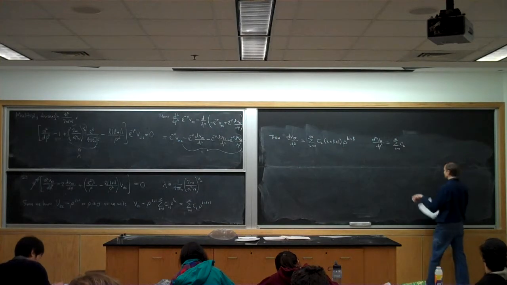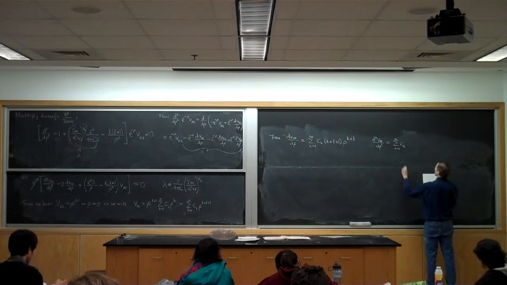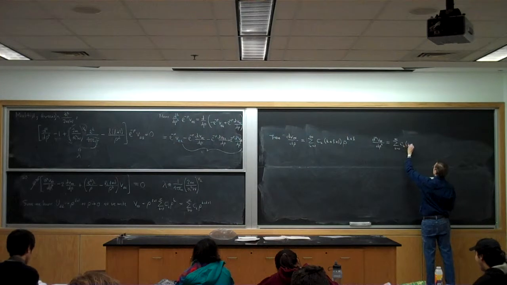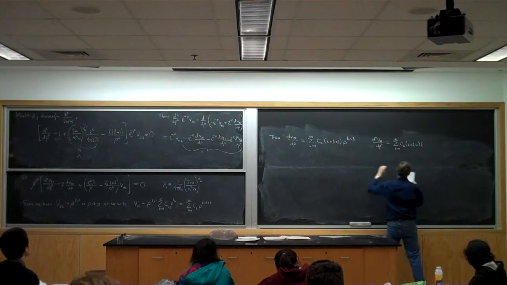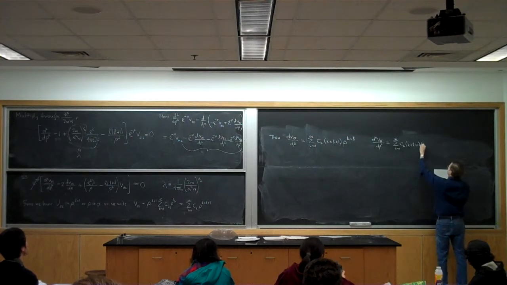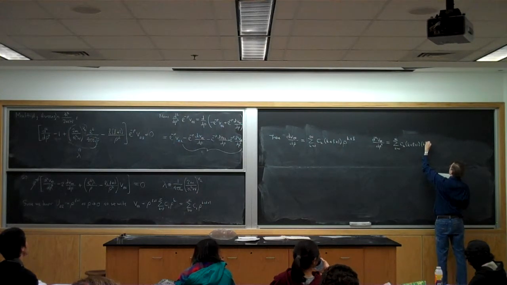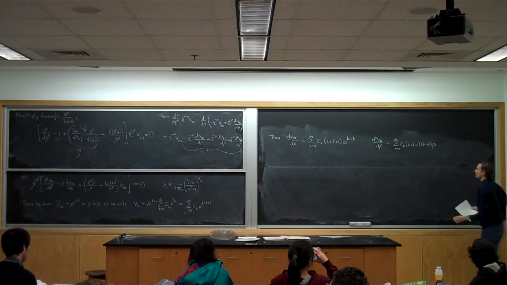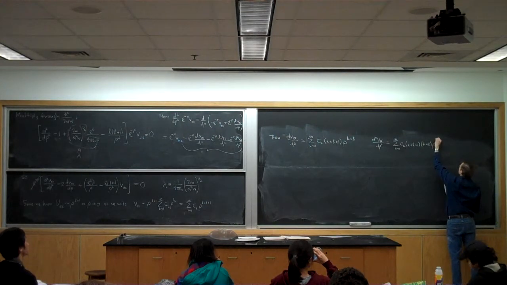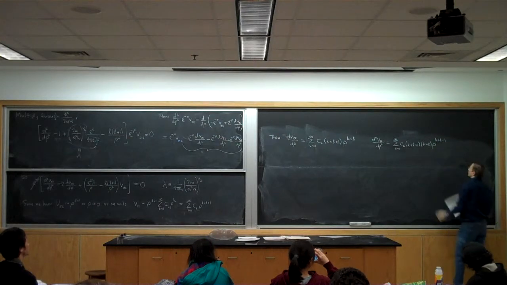That's right. It's going to be equal to c_k, k plus L plus 1, and then when we take this derivative, we're going to get k plus L down there. And then I'm going to pull one more power down from rho, so it'll be k plus L minus 1 is the power of rho.